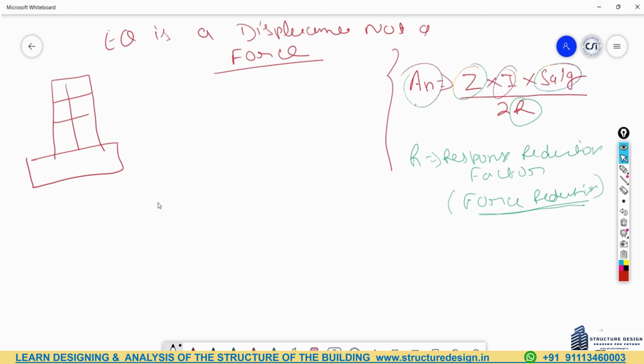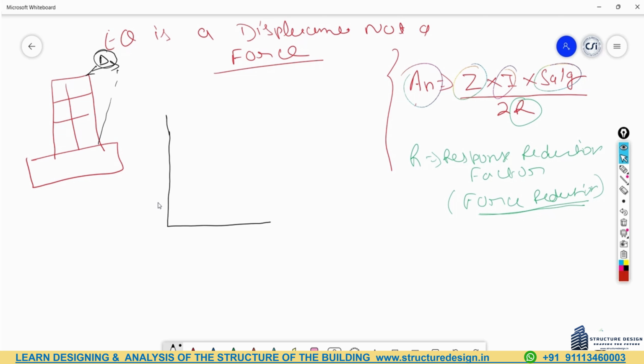Suppose I want to design this building with delta displacement, that is, I need to design this building on the basis of displacement, not on the basis of force. So I will draw a force versus displacement graph here.